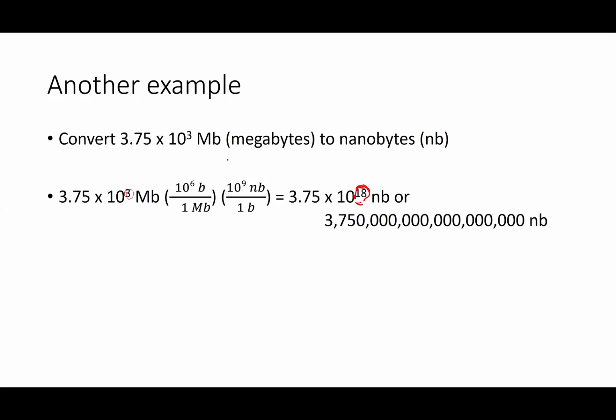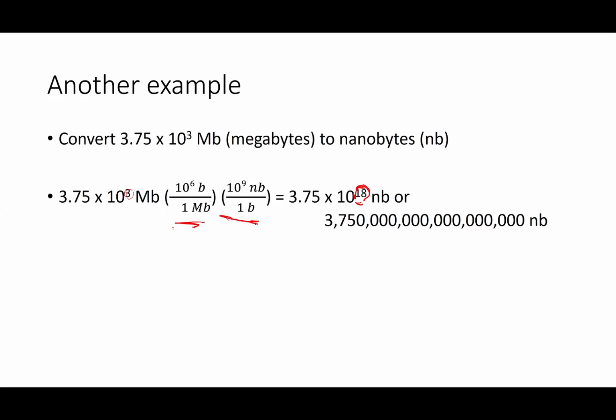So that's a quick way to estimate what your answer should be around. And you can see scientific notation is more useful here than writing out the whole 3.75 times 10 to the 18 nanobytes.